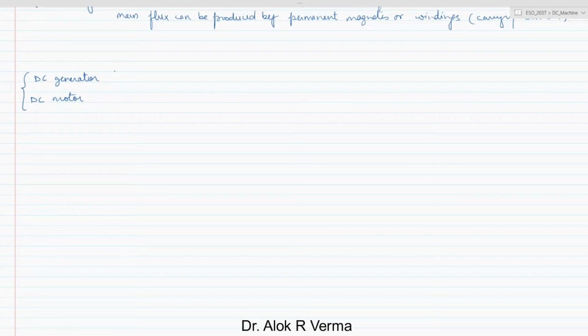So the DC generator is based upon the principle that when a conductor is made to rotate in a DC magnetic field, a voltage is generated in the conductor. Before going to that, let us first understand the principle. When there exist three things, right?